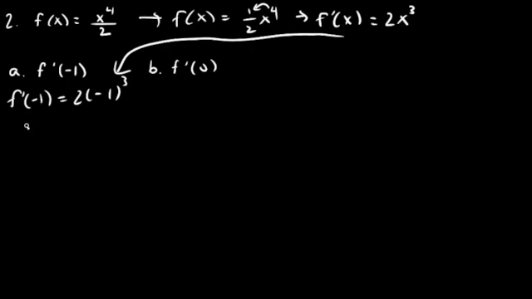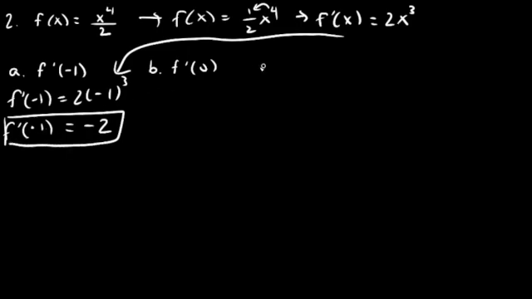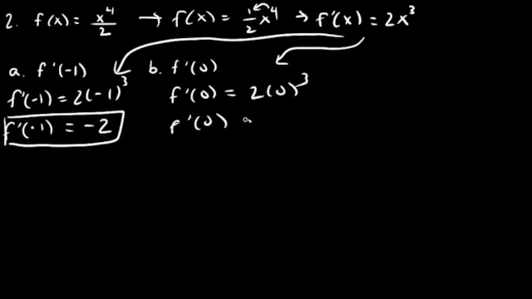Now -1 to the power of 3 is -1, and then -1 times 2 gives us -2. So our answer would be -2. Now we do the same thing for 0. f prime of 0 is equal to 2 times 0 to the power of 3, which is going to be 0. So that's also our answer for b.